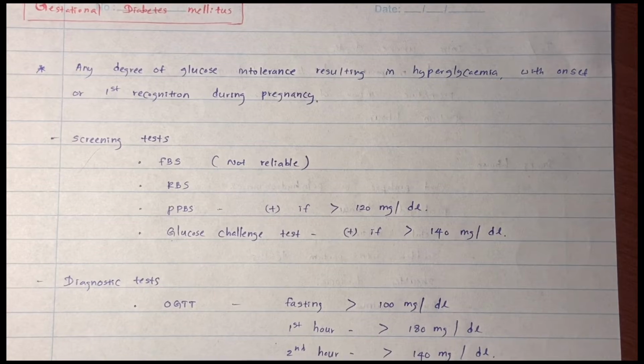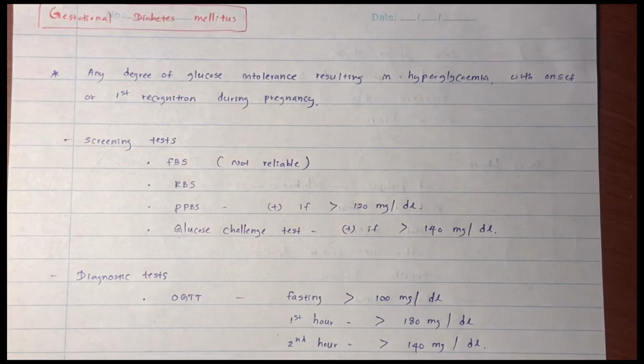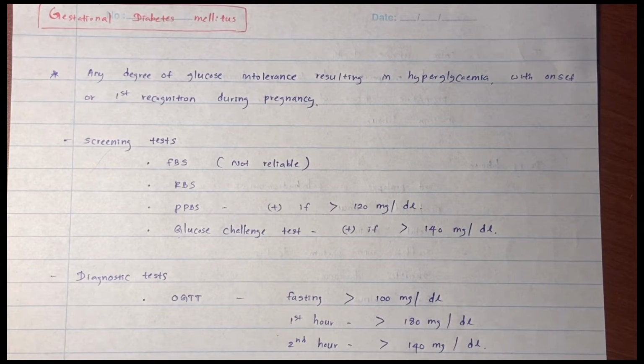When we are discussing the diagnosis of gestational diabetes mellitus, there are screening tests and diagnostic tests. The screening tests we do are fasting blood sugar levels, random blood sugar levels, postprandial blood sugar levels and the glucose challenge test.